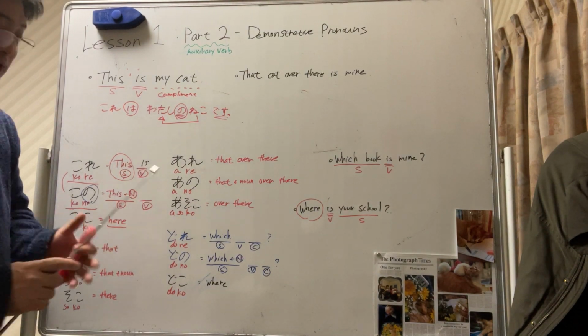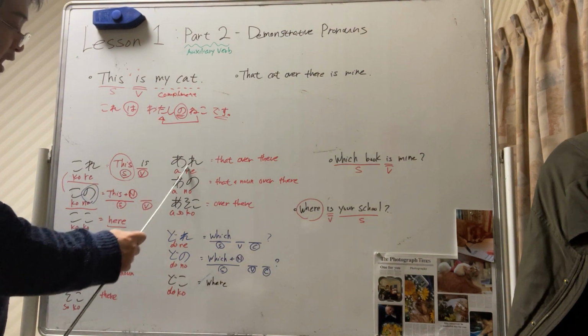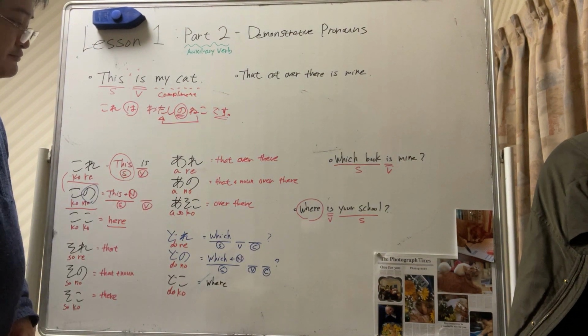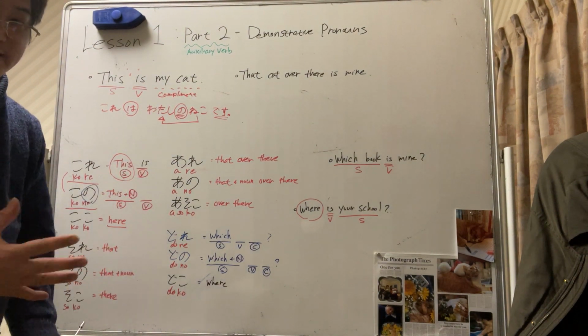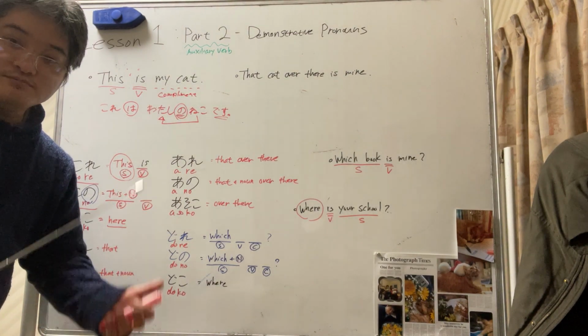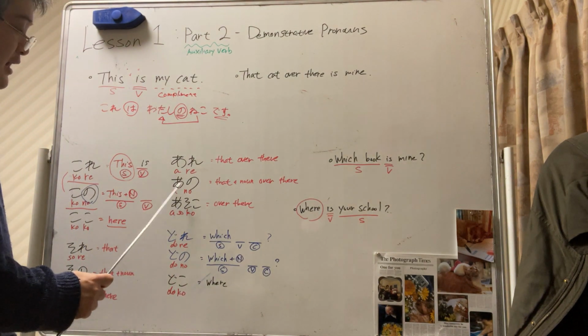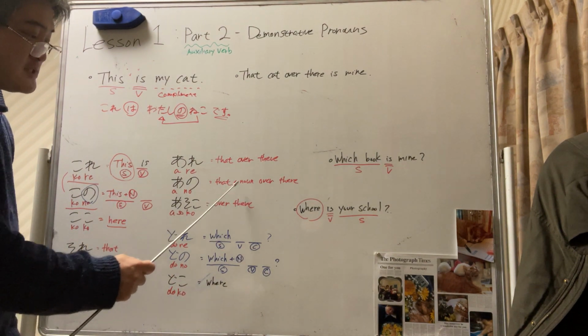Are is that over there-ness, essentially. And are is something further away from both of us, both the speaker and the listener. And no is that plus noun.